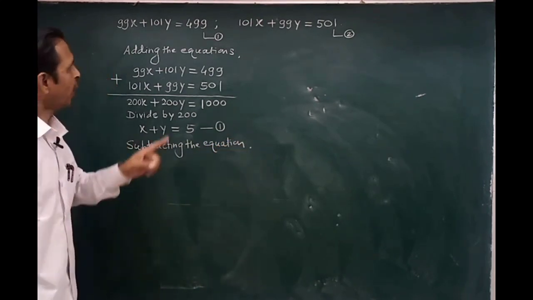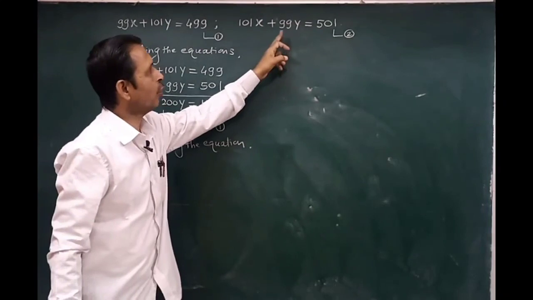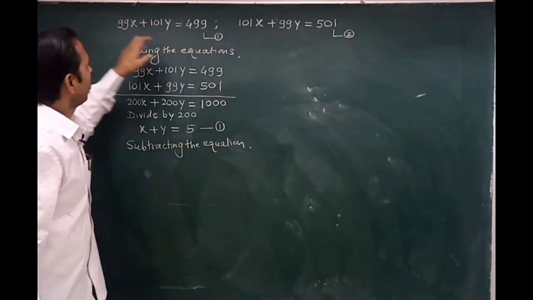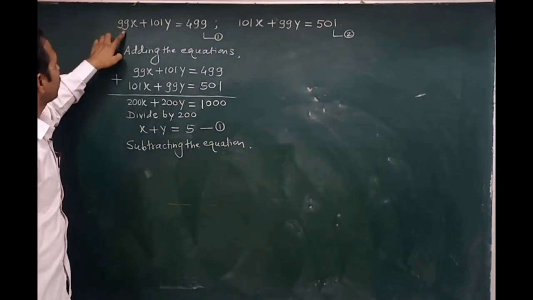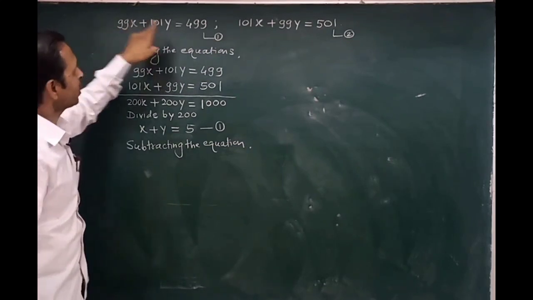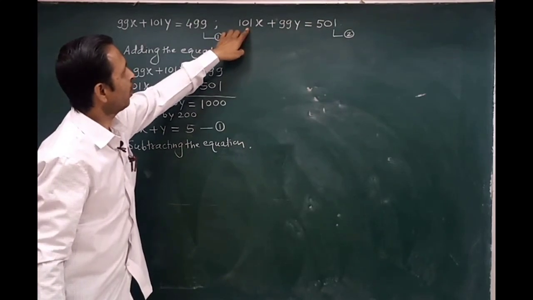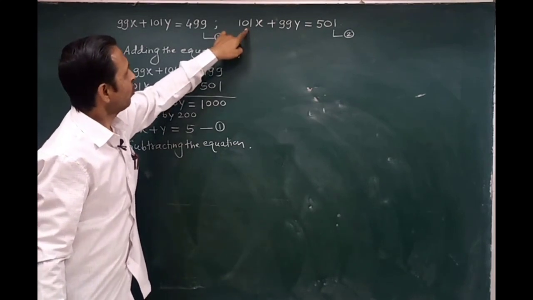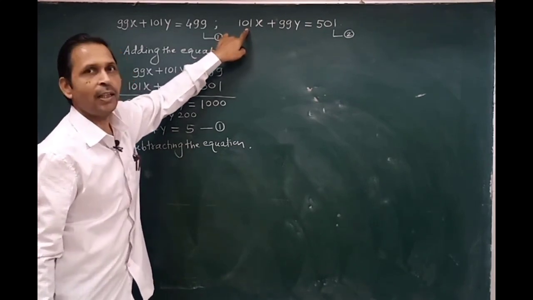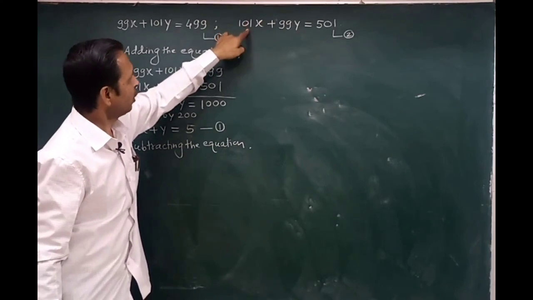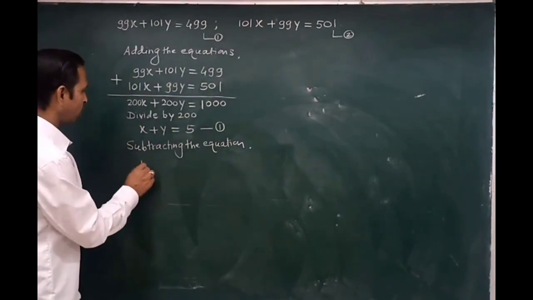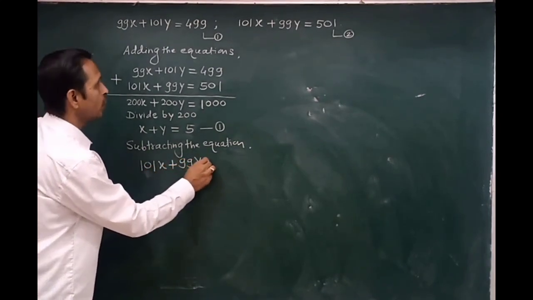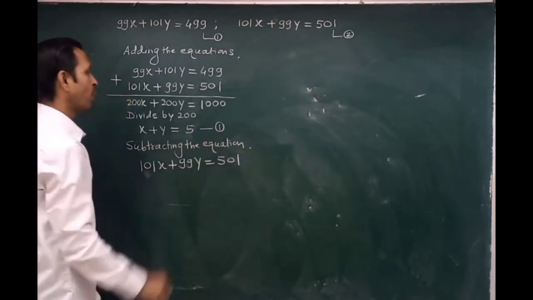Now you can subtract the first equation from the second or the second from the first. If we observe that the coefficient of x in the first equation is less than the coefficient of x in the second equation, then the second equation has the highest coefficient, so we take the second equation first: 101x plus 99y is equal to 501.